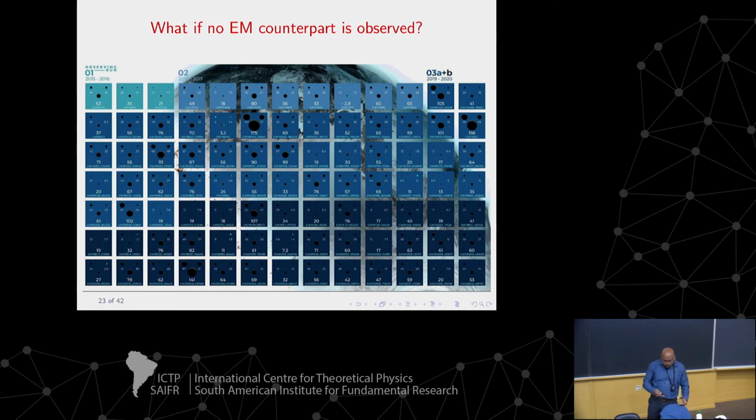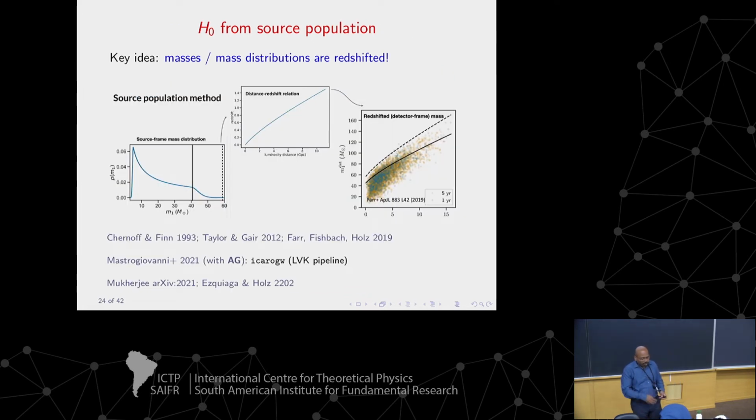Something that one can do, as I mentioned, is try to identify features in the mass distribution which are robust. It's argued that the black hole mass distribution is not exactly uniform, but there's an upper cutoff in the intrinsic mass distribution at around 40 or 50 solar masses coming from the pair instability supernova process.